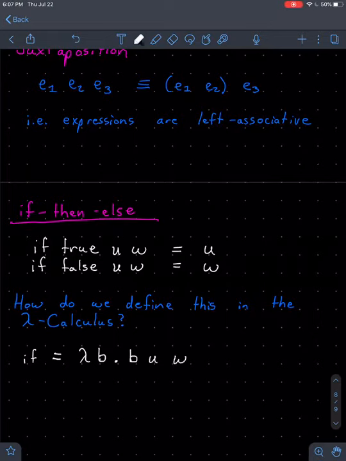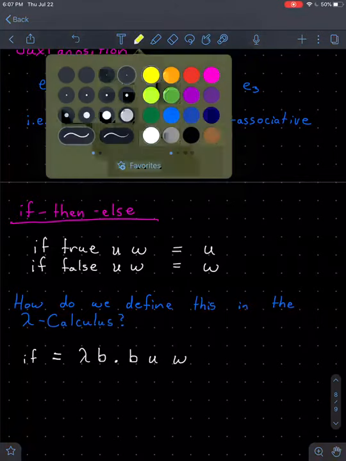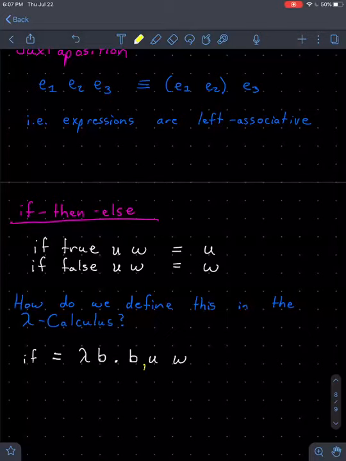What's wrong with that though? Specifically with regard to the u and w.